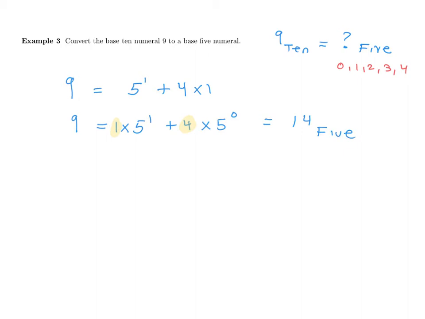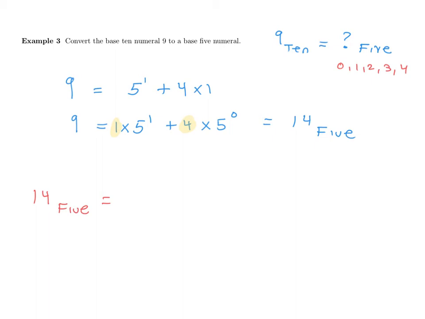If you want to check that this worked, we could do this process backwards. Can you expand 1, 4, base 5 and get the number 9 back? This is what we were doing in the previous slide, but I think it's worth writing it out. We don't have to do this every time, but it's good to see why this worked. If you have 1, 4, base 5, this place value is the 1's, this place value is the 5's.